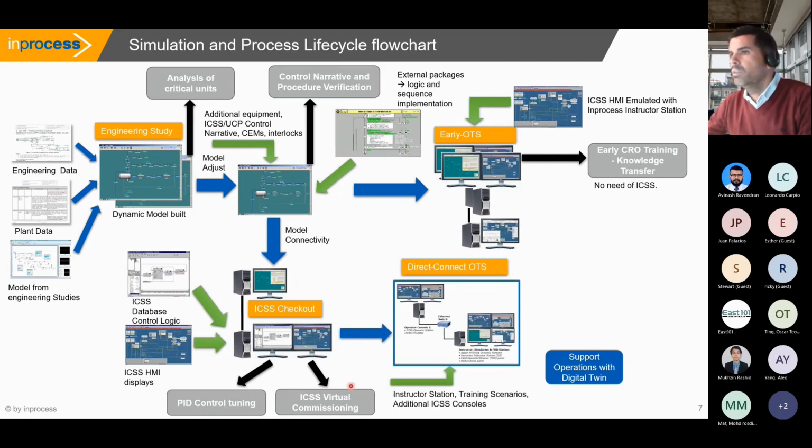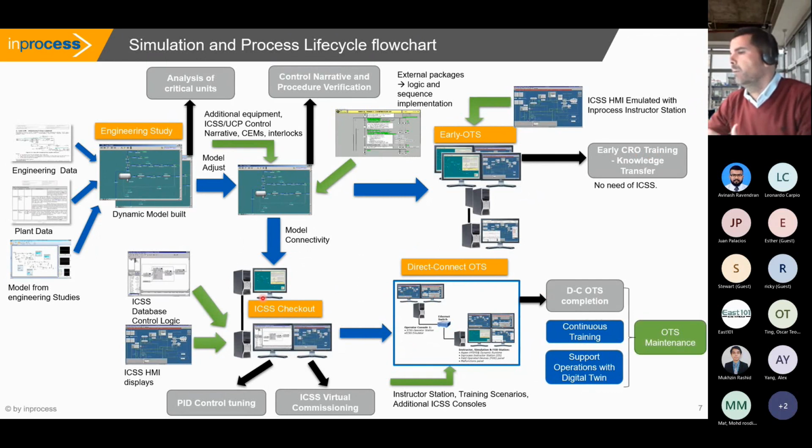And that allows us to complete what is called a direct connect OTS, that in parallel to the early OTS, this emulated solution allows to have an early training for the control room operators, panel operators, or field operators, right? But later on, once we complete the checkout, we are in this position to complete the direct connect OTS and provide continuous training, of course, with this tool, with all the native logic connected, and provide future maintenance on the other solution.